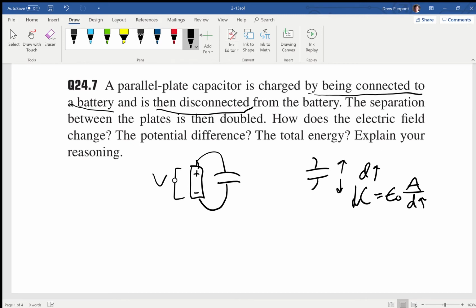Well, what I screwed up was when I said that the electric field is k times Q over r squared. That is not true. That is for a point charge. That is not for a capacitor, because a capacitor can be modeled as an infinite plate sheet of conducting charge.